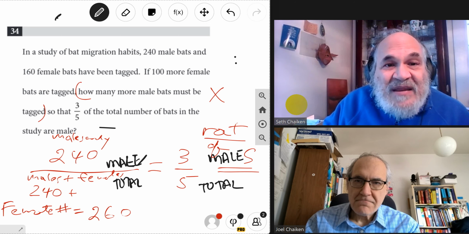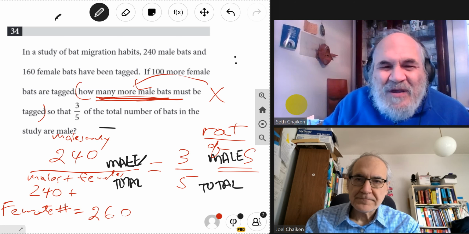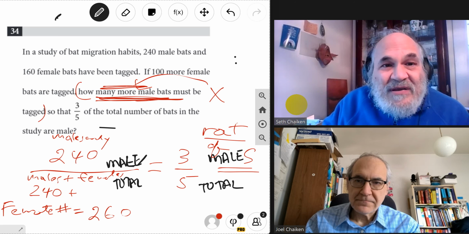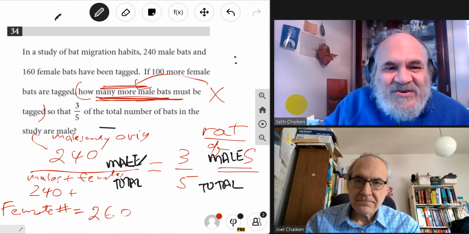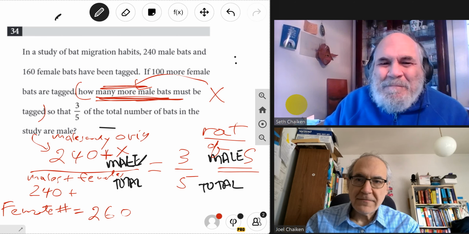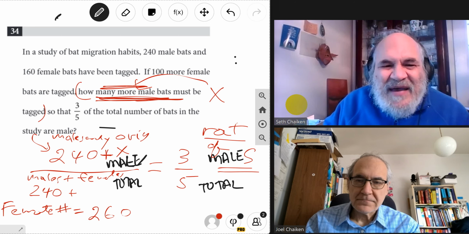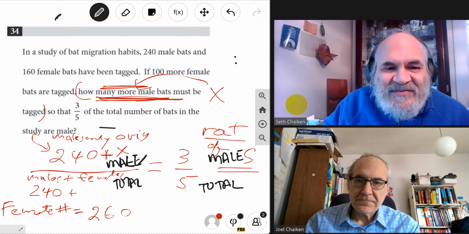It says how many more males is X. So 240 is the original number of males, and how many more is X? And so the total number of males is 240 plus X.